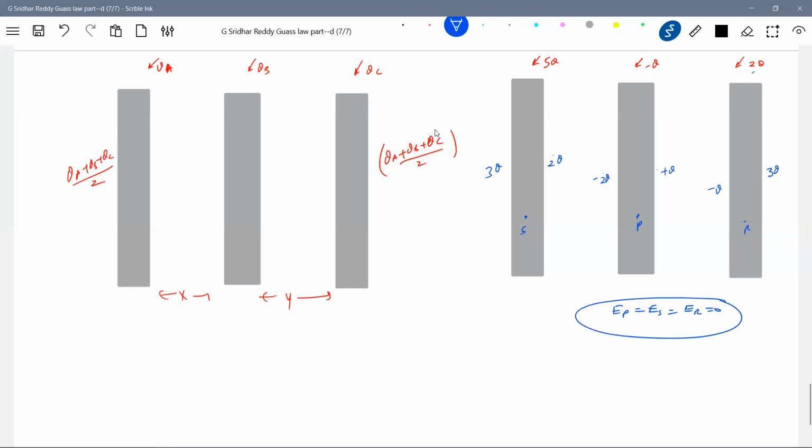Can we calculate the potential difference between plates? Yes, I'll calculate the field. How to calculate the field? Again, I think you're going to invite big trouble. It is like this.